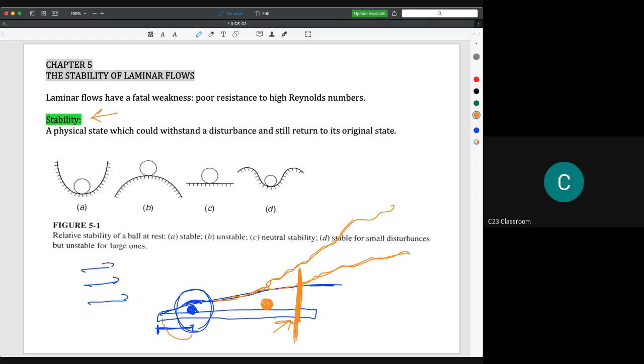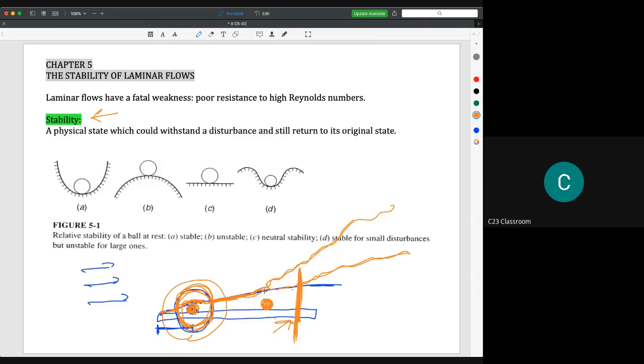For example, if we put a disturbance here, I mean we put some object here, the flow will flow around and through the object, and it will remain a laminar boundary layer. So the stability of the laminar boundary layer at this position is very good.